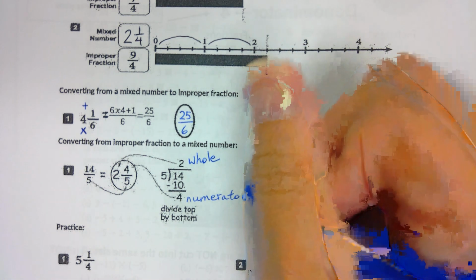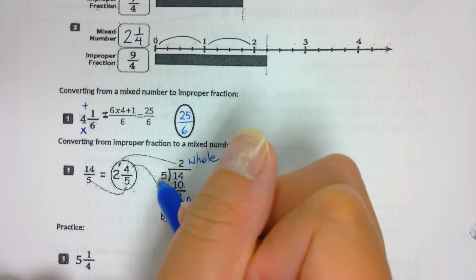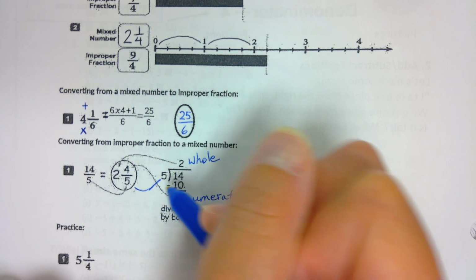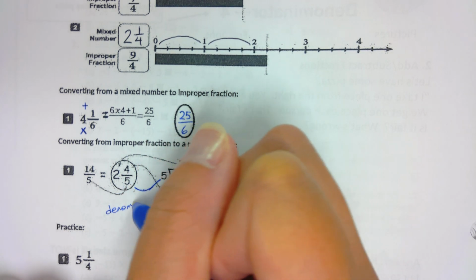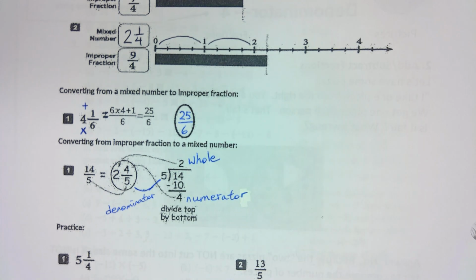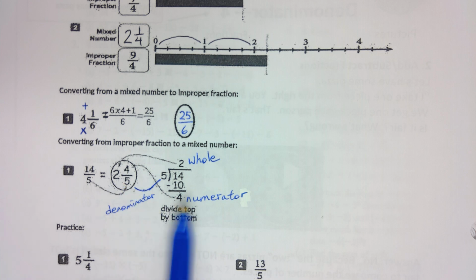Numerator. And then this number goes to the bottom, which is your denominator. Right here. Denominator. Remember, in either case, your denominator doesn't change. Your denominator always stays the same.